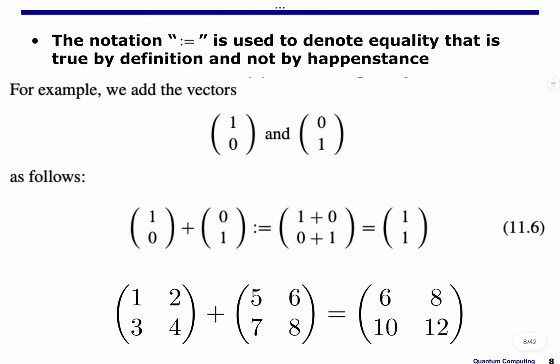There are some basic operations. The notation used is the double dot equal, which denotes equality.